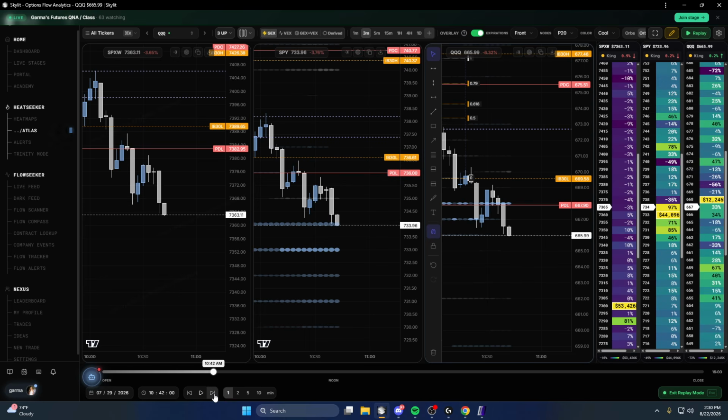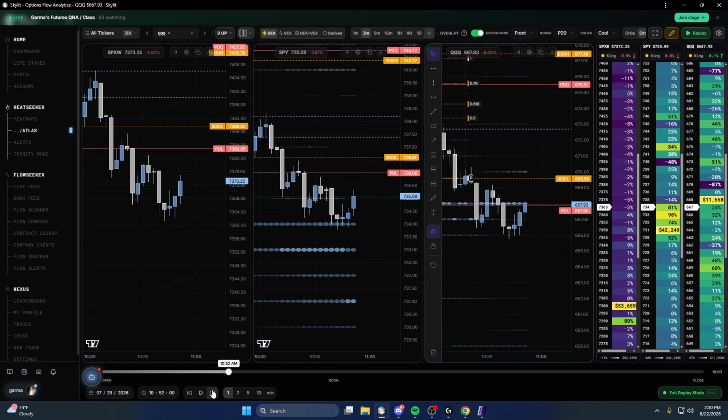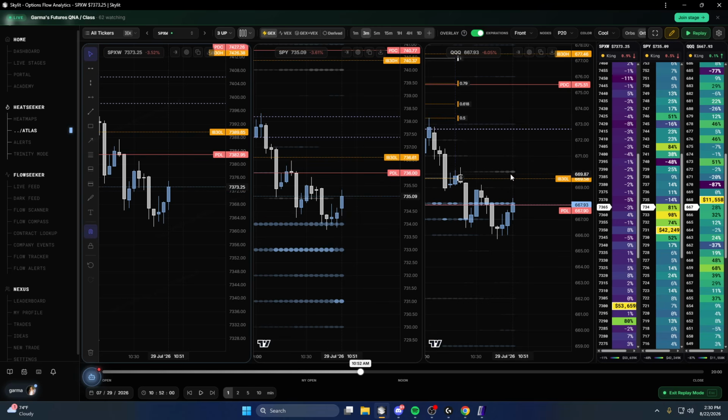So we could probably see a bounce here now. QQQ just popped up. If you notice, they rolled up the 688 to 670, and they just rolled it back down. So you do get the bounce. I probably would be out at the 688 just because of what I just watched with how they moved down those king nodes.